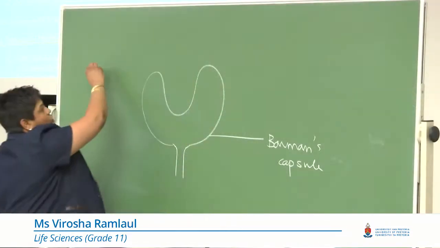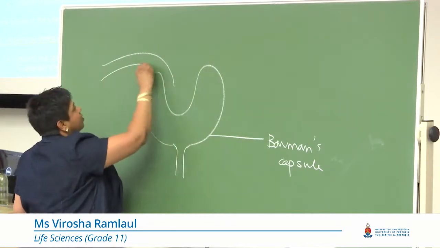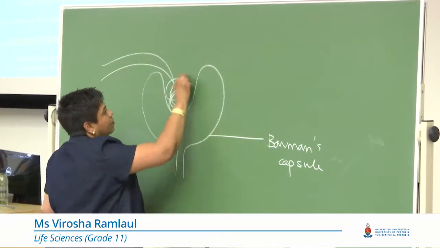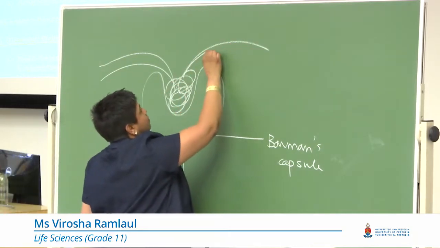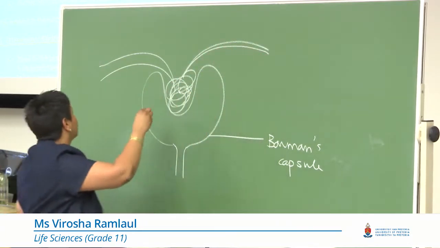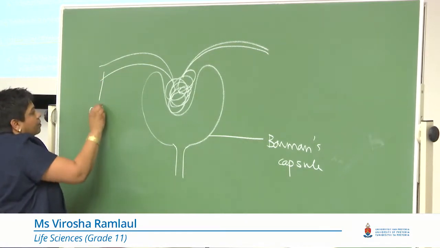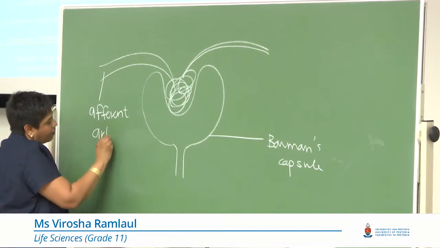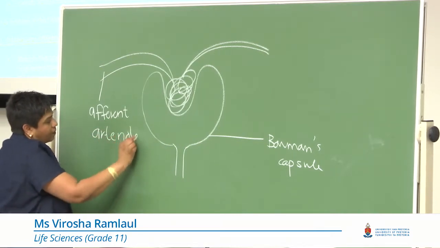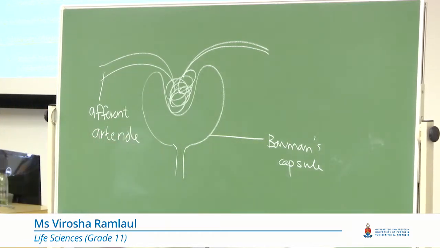Now, when we're drawing the blood, the arterial, the afferent arteriole. I say it like how I'm going to pronounce it. Afferent. A comes first. A is the first letter in the alphabet.